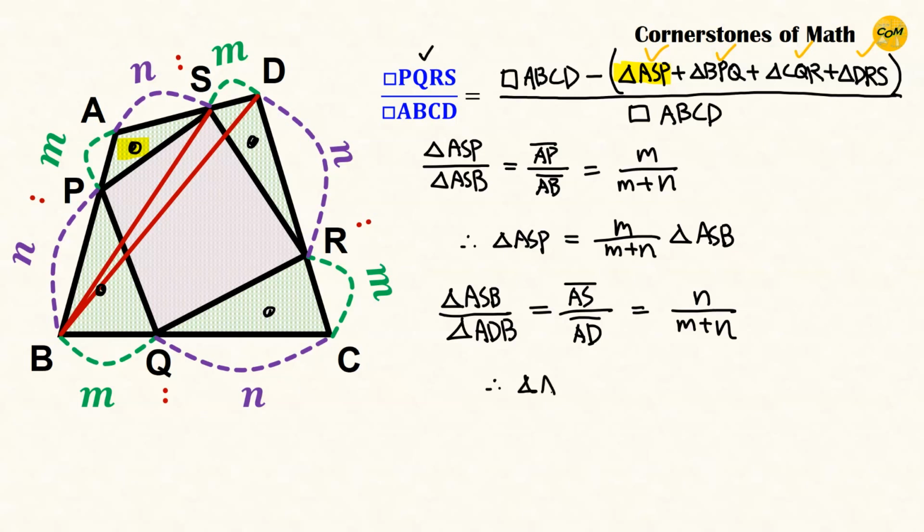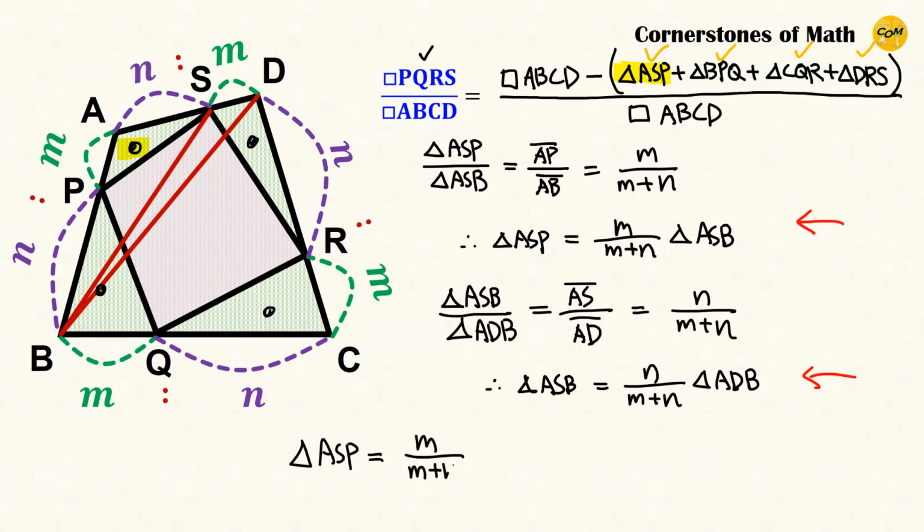Therefore, the area of triangle ASB equals n over m plus n times the area of triangle ADB. Therefore, combining these two, we have the area of triangle ASP equals first m over m plus n times this area, which is given like this.